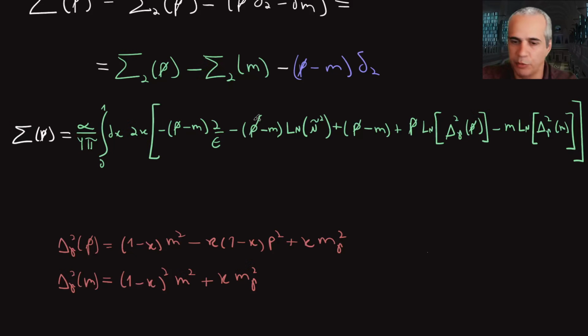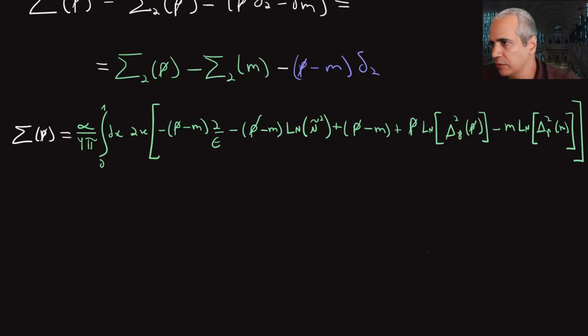So that's the expression for the green part here. And I also need to put the expression for the blue part, in which I just take delta 2, the derivative of, which is just the derivative of sigma 2, right? Calculated at p slash equal m, and multiply by this factor, right? So let me write the blue part here.